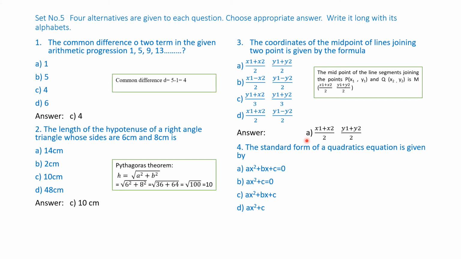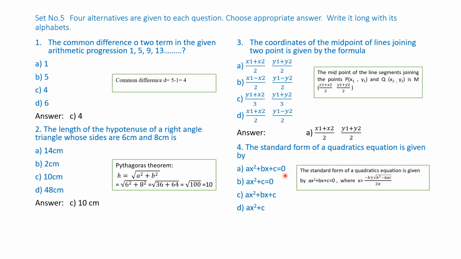Question number 4. The standard form of quadratic equation is given by: ax square plus bx plus c equal to 0; ax square plus c equal to 0; and the other options. Please note very carefully, a quadratic equation means it should be equal to 0, and this is the standard form of a quadratic equation.